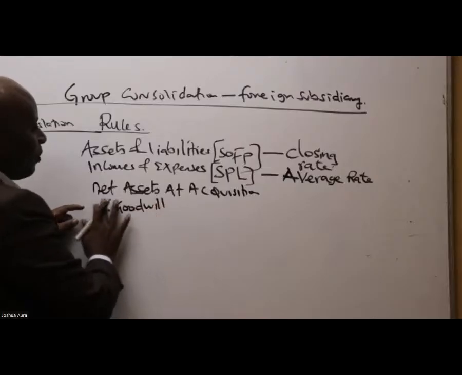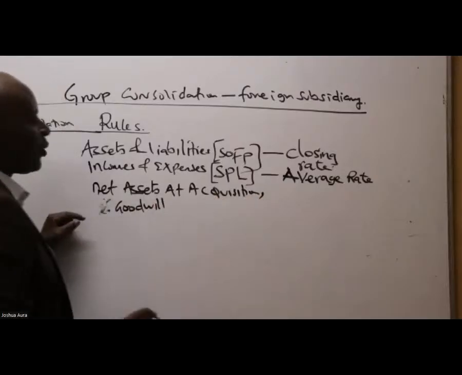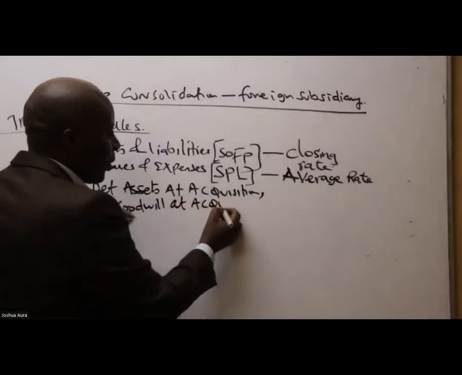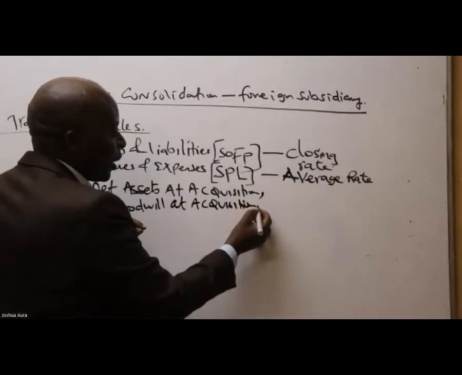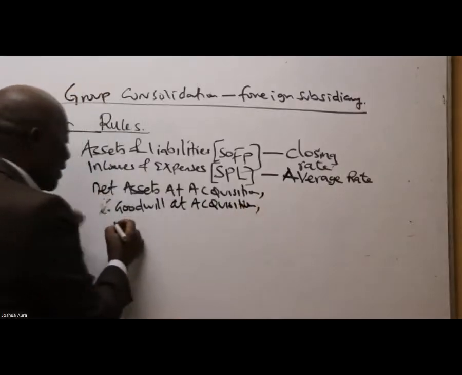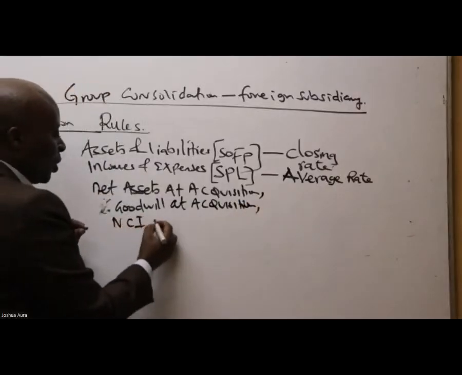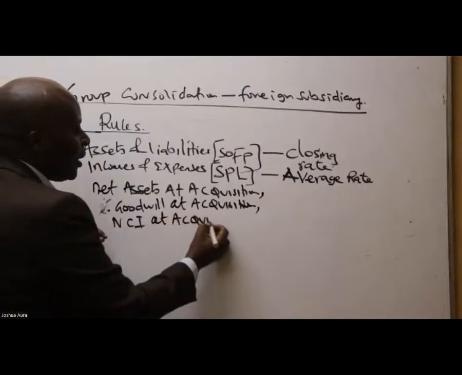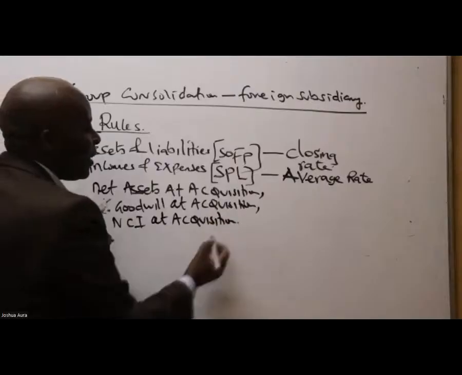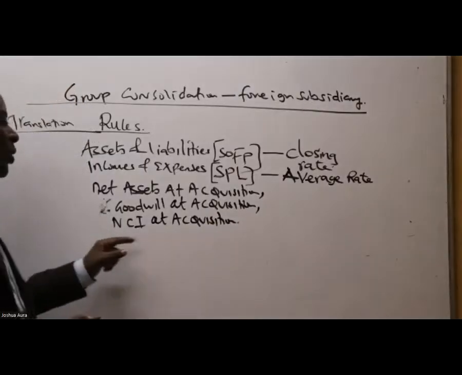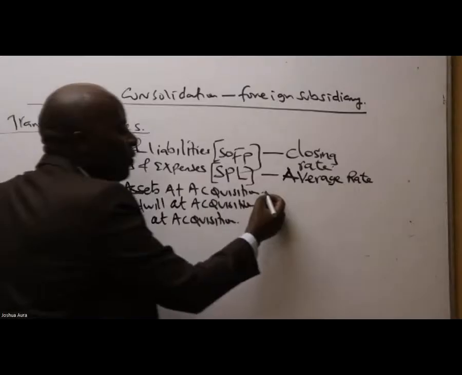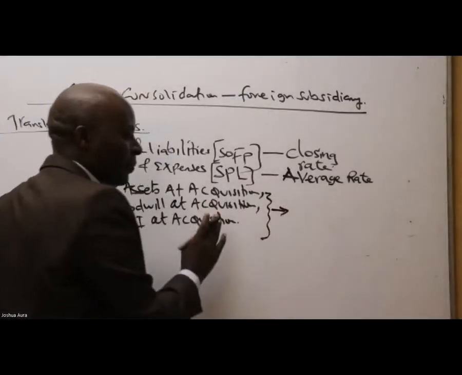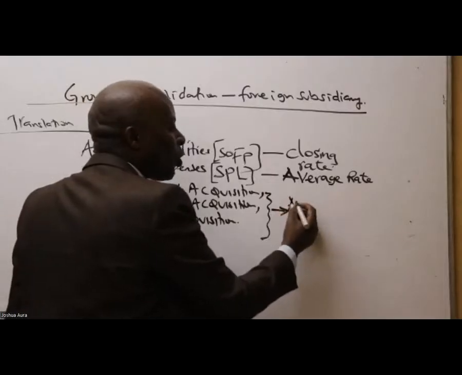Net assets at acquisition, goodwill at acquisition. I want to keep on insisting on this. Goodwill at acquisition. Talk of NCI at acquisition. Anything that this examiner is using the words at acquisition, everything here, we shall be translating them using the acquisition rate.